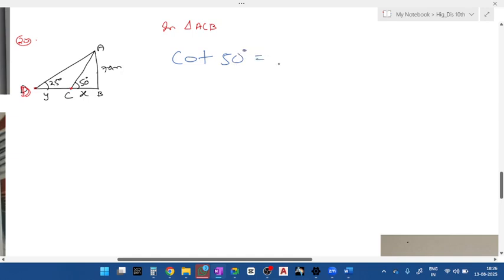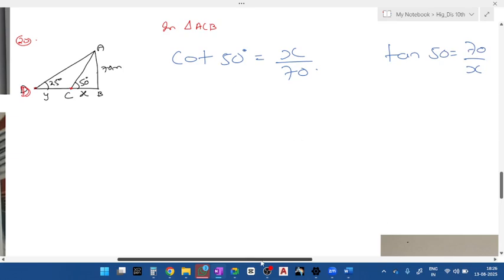All of you unmute and answer. Why are you silent? What is the cot formula? Yeah, base by perpendicular, here x by 70. If you write tan, what will you get? Tan 50 is equal to 70 by x.